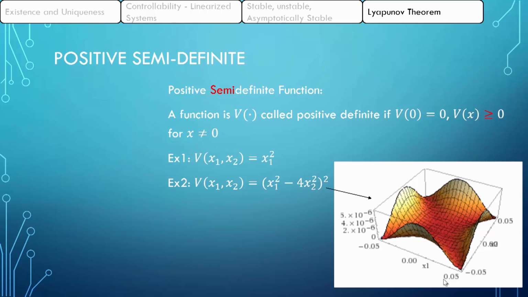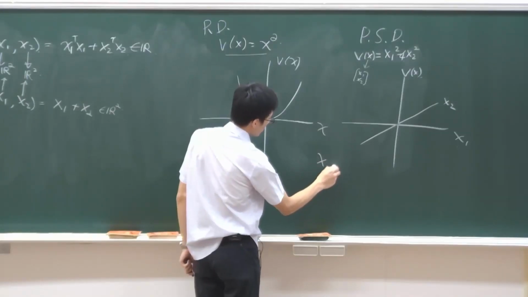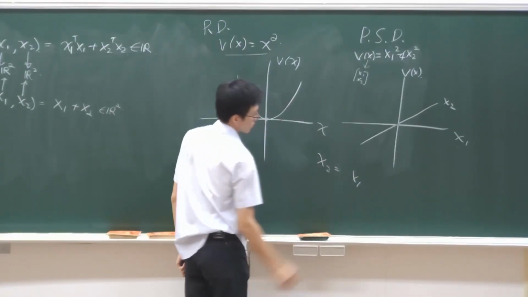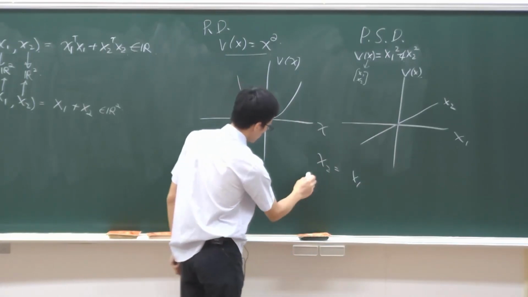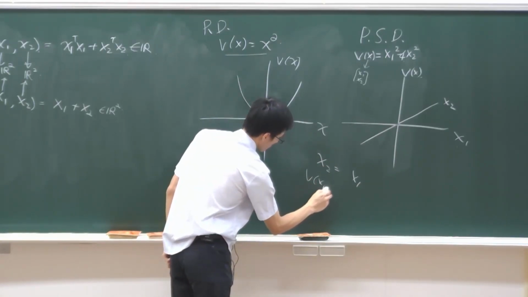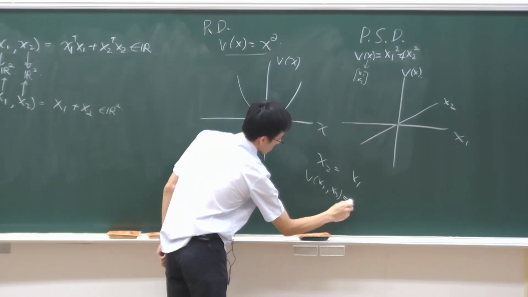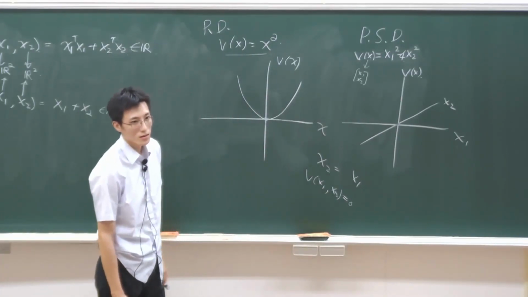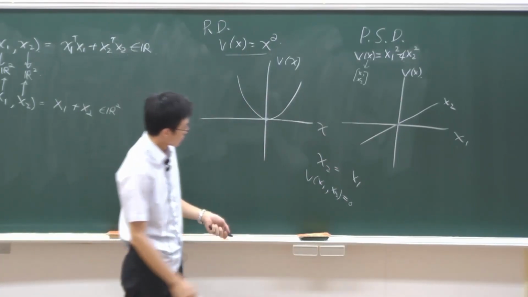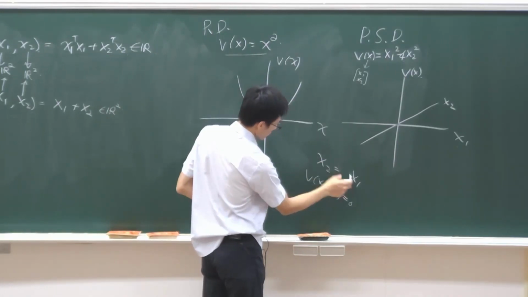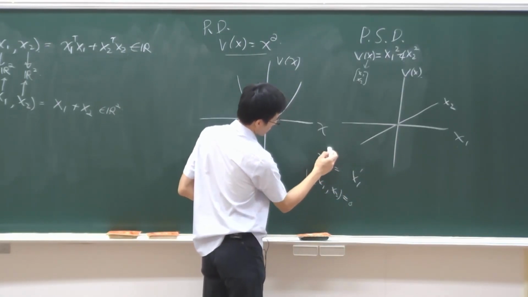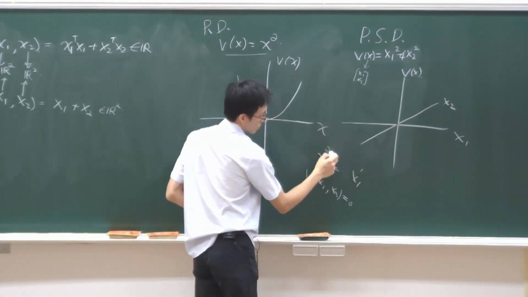Any other location that could be 0 for the v value? Yes, on this axis and this axis, whenever your x2 equals x1, this v will be 0. And x1 could be 1, x2 will be 2, so it's not 0.